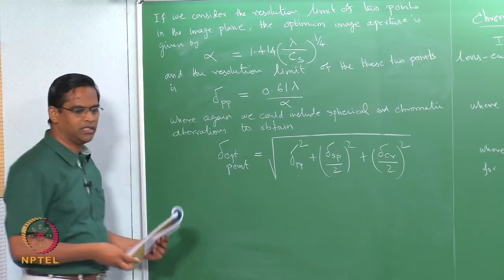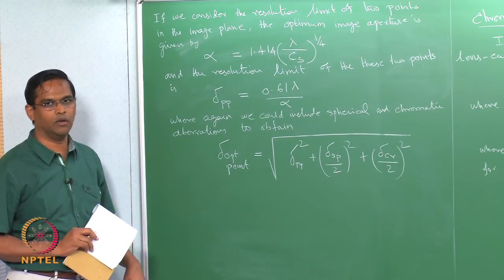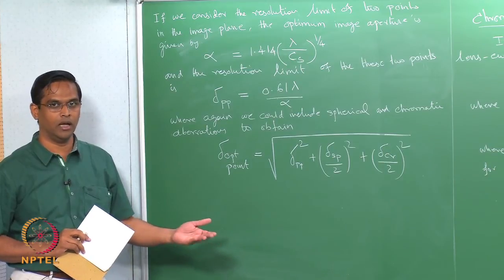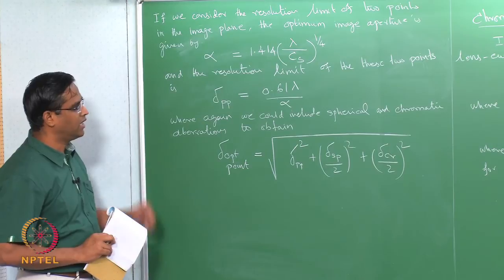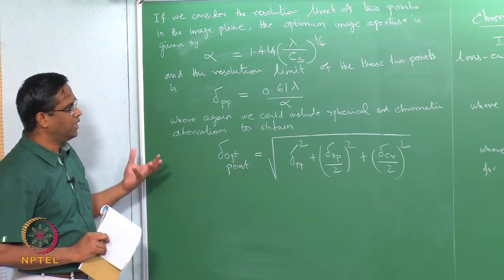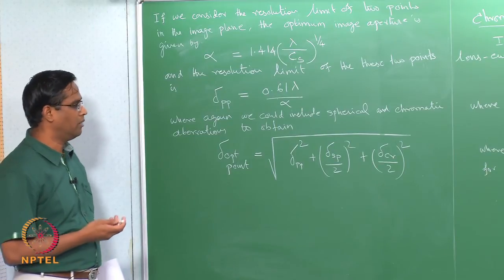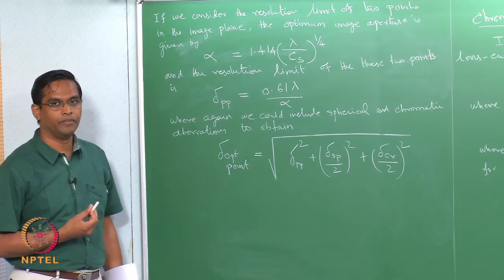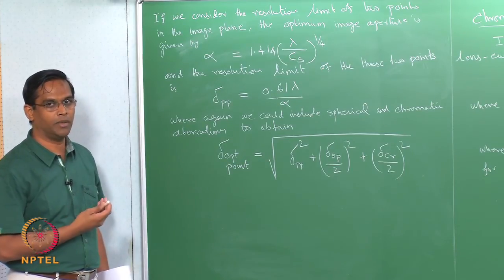We will talk about all this in much more detail, how this is really going to affect the practical resolution when we look at the actual microscopic operation. But you should appreciate the importance of these two, spherical and chromatic aberrations, and how they really influence the resolution limit of the optical system.